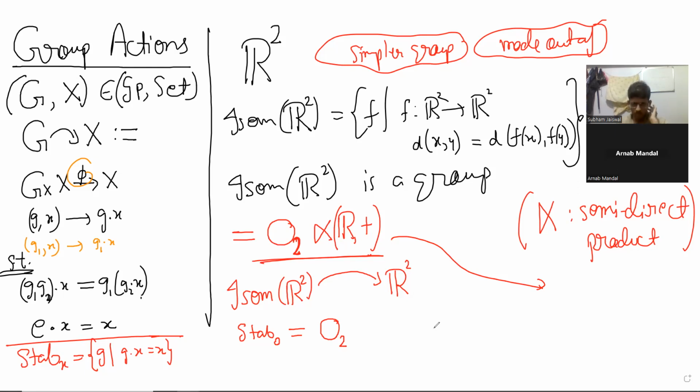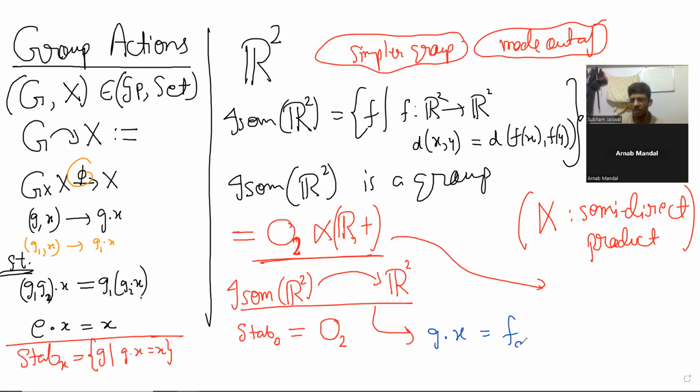Here, isometries of R square is acting on R square. So what's the action here? I've told you, no? It's the functions. So you take something from the isometry group, take g, take a point in R2, X. What is the action?